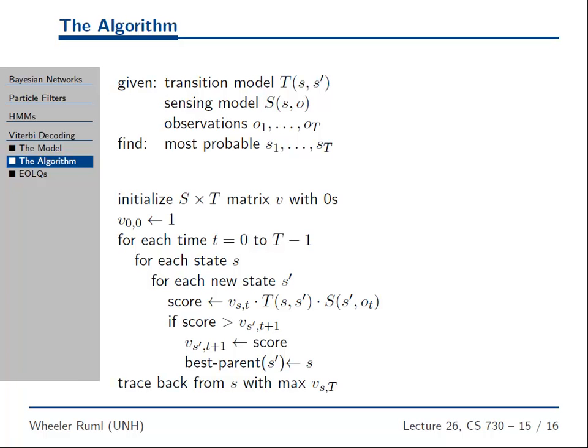The thing I just want to point out with this is, A, it's just dynamic programming. So if you took algorithms, you're totally at home here. B, it takes into account both the transition model and the sensing model, just like you'd think it should.